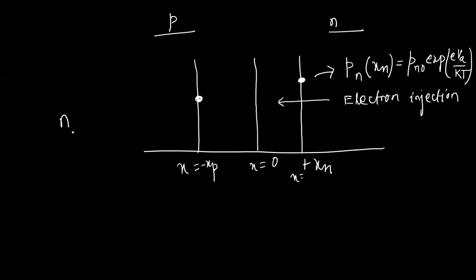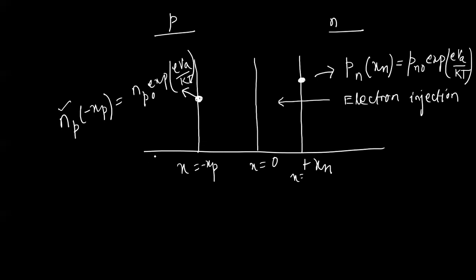So np, the minority carrier electron concentration in the p region at x equal to minus xp, at this abrupt boundary, can be written as np0, which is the minority carrier electron concentration in the p region in thermal equilibrium, multiplied by e to the power eVa by kT. This is what we got. This is the value here.